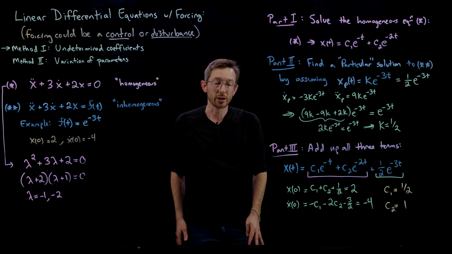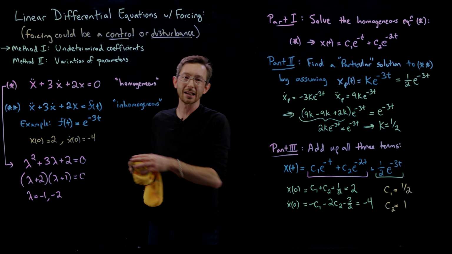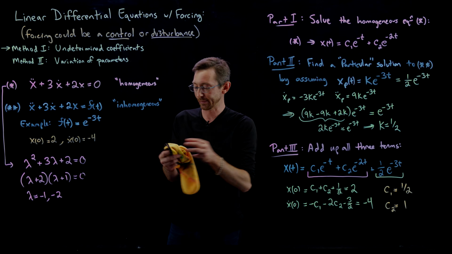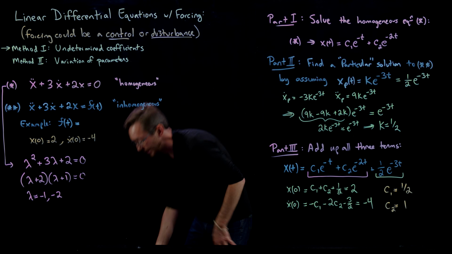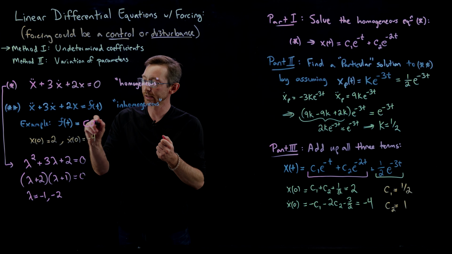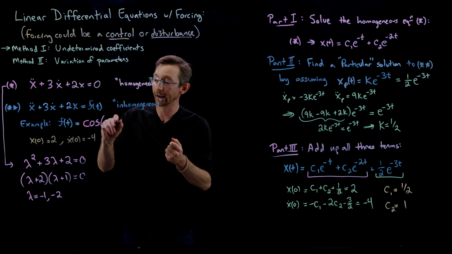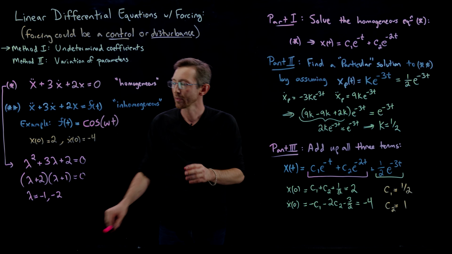A good example for you to do: if these are simple exponentials, it's pretty easy. You just guess that exponential. Another good example would be to try, what if this equals something like cosine of omega t. So I have some forcing at some frequency, cos omega t.